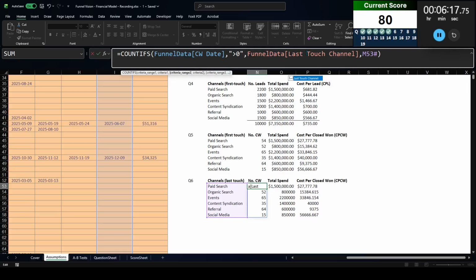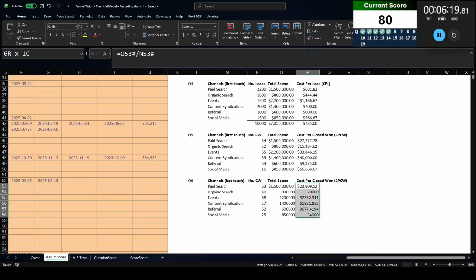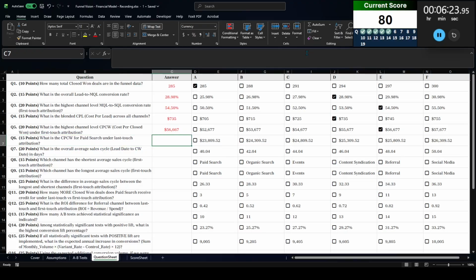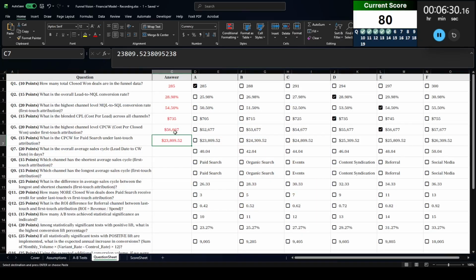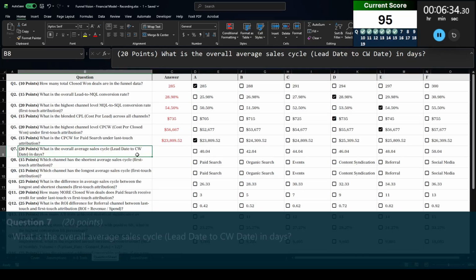We're going to look at the last touch channel that we are counting with there. So that's going to change these dollar amounts here. And the question was paid search. So where's paid search? Right there, $23,809.52.